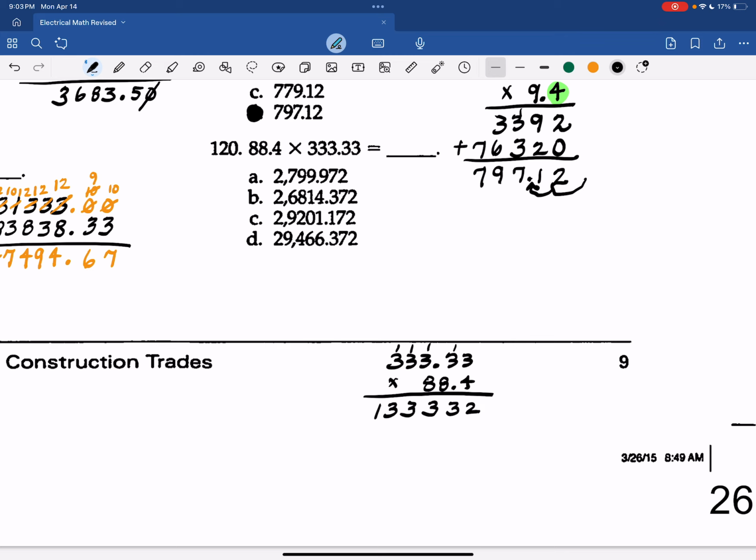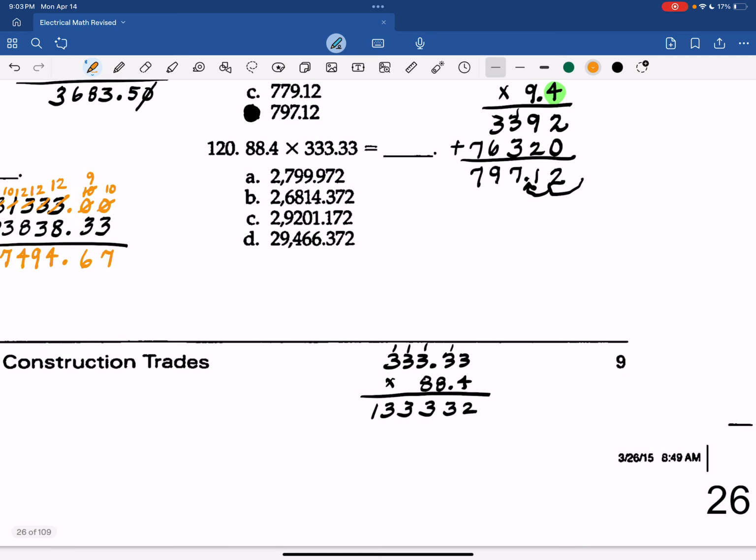Then move over. I'm going to change colors to that first 8. 8 threes are 24 plus 2 is 26. 24, 25, 26.